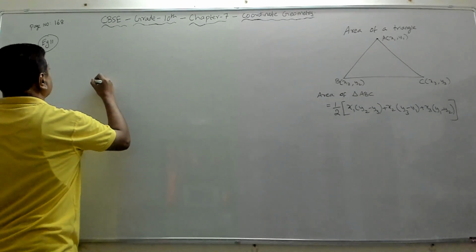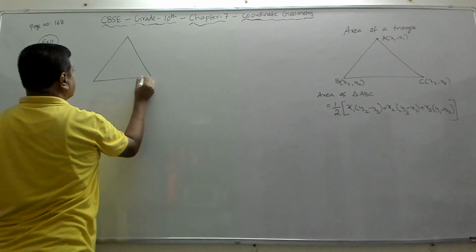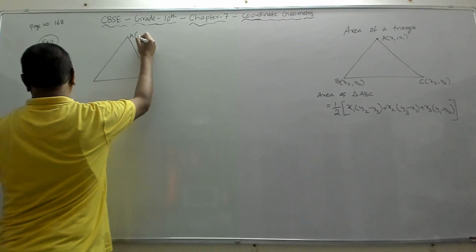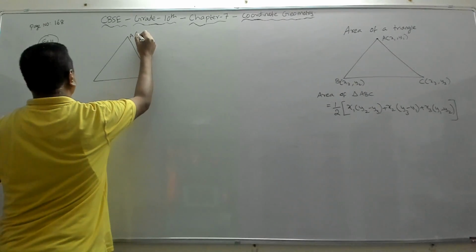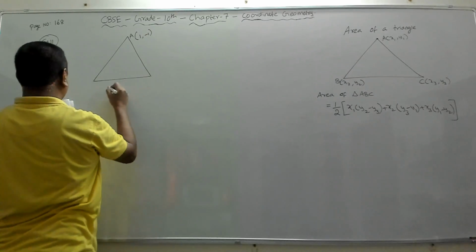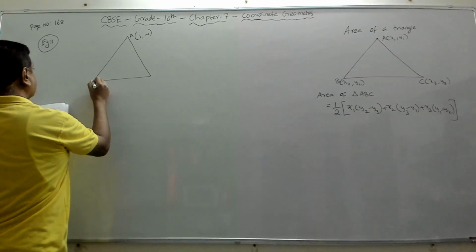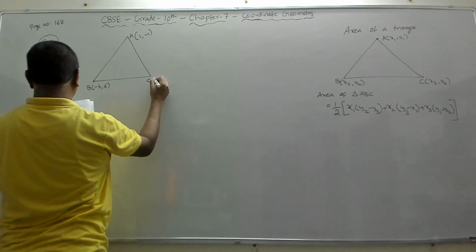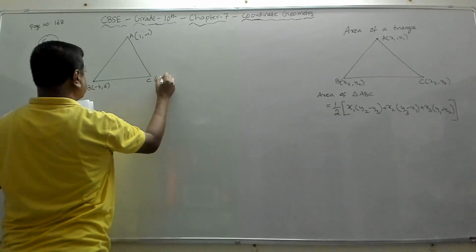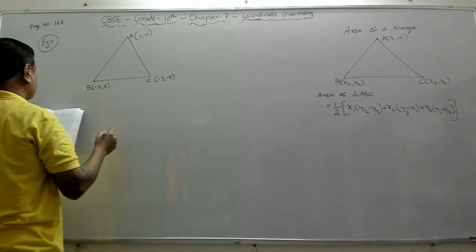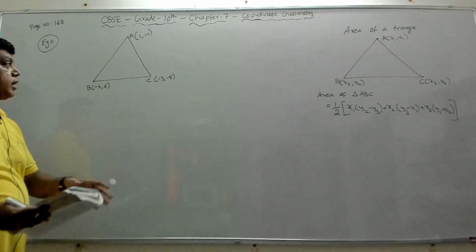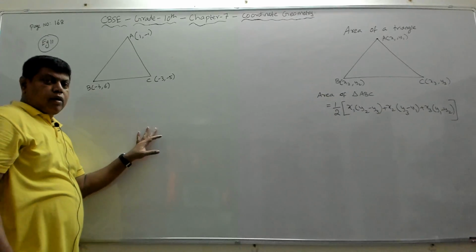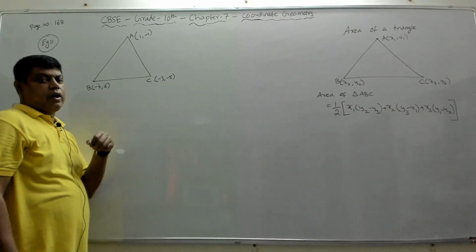ABC is a triangle with A as 1, minus 1, B as minus 4, 6, and C as minus 3, minus 5. So the three vertices of the triangle ABC are given, and we need to find the area of this triangle.